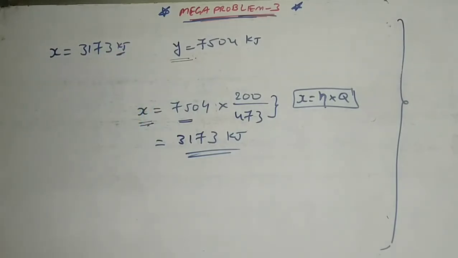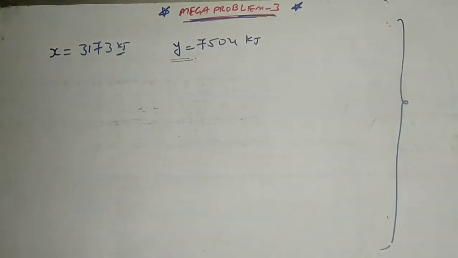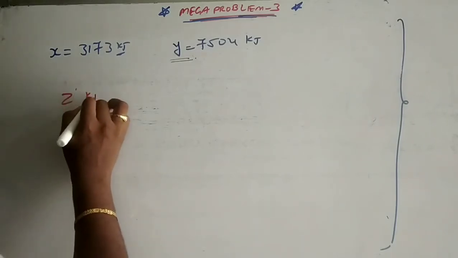So we have identified the X value and the Y value. Now let us discuss the Z value. Here the Z value is dependent on the enthalpy of neutralization.